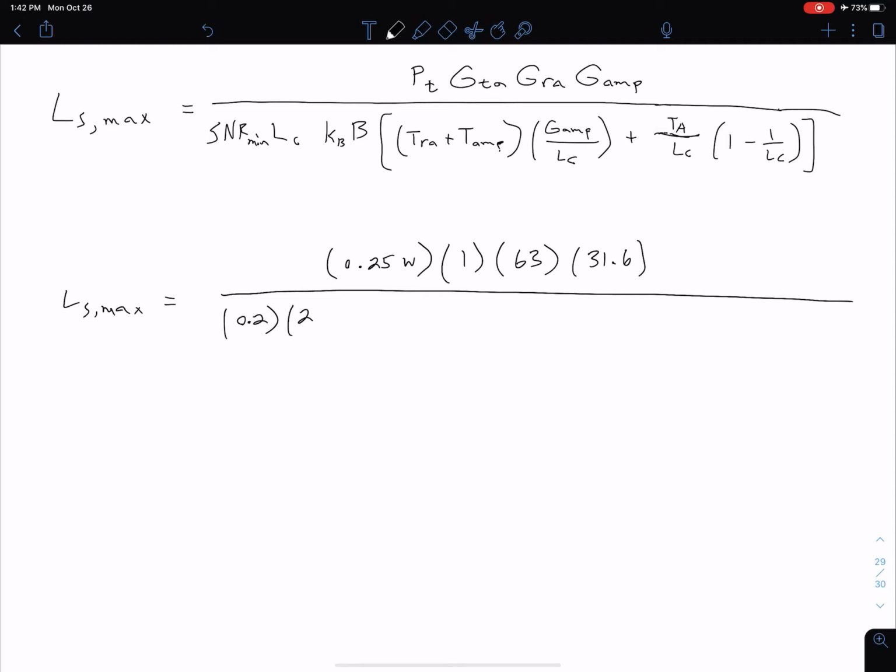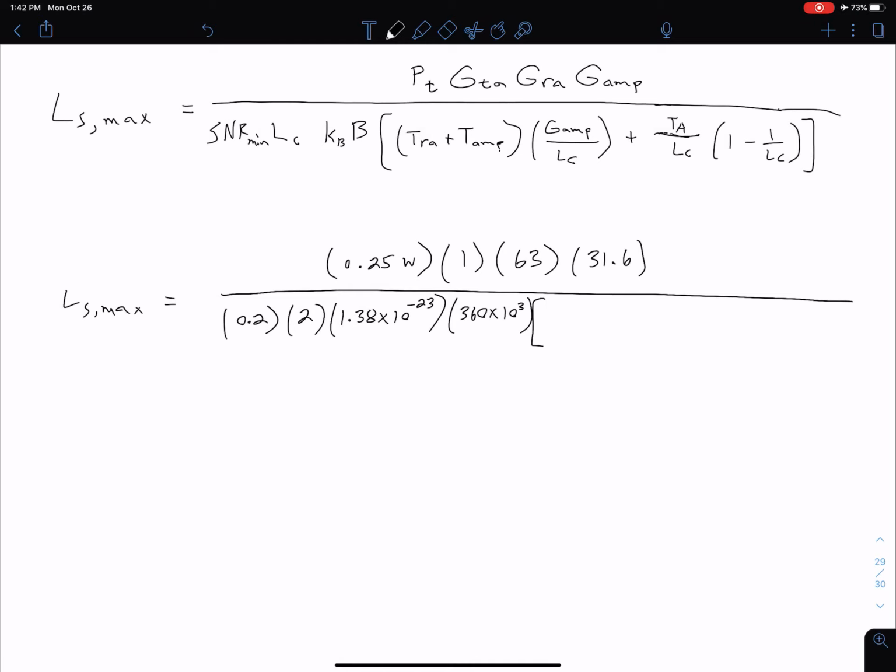Our LC we approximated as 2. It was a little less than that, but close enough. Our Boltzmann constant, remember, is 1.38 times 10 to the minus 23rd, and that's joules per Kelvin. We then have our bandwidth that was given as 360 times 10 to the third, so 360 kilohertz.